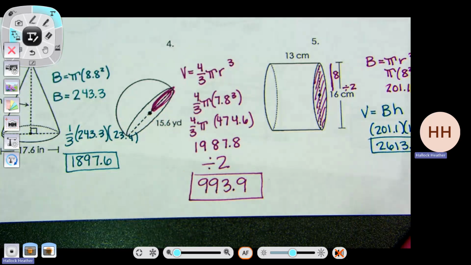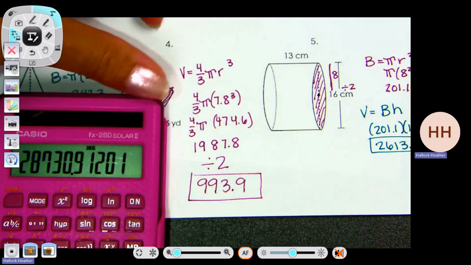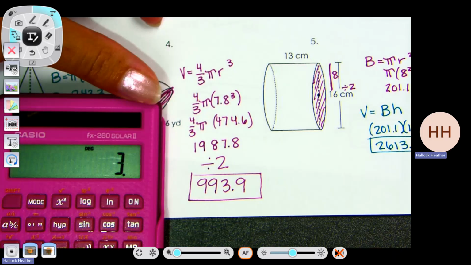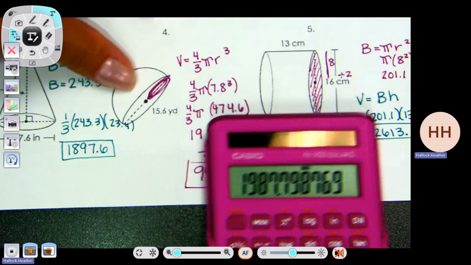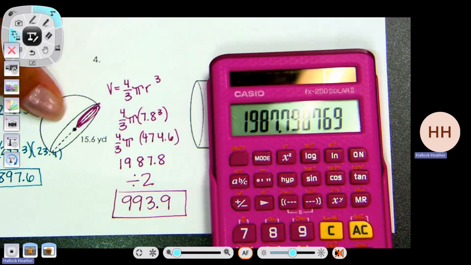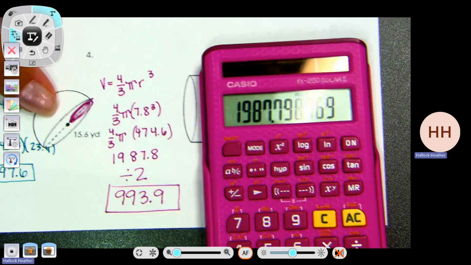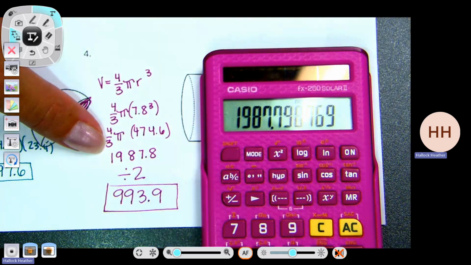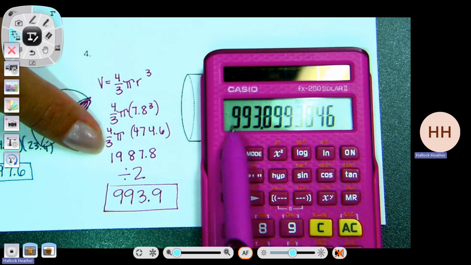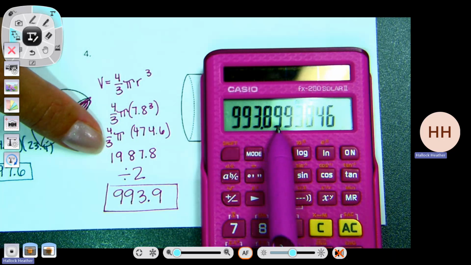Wait, let me just show you. I got 990. This is what you get whenever this is your exact answer. So if I round it and then I write it down, if I divide this whole thing by 2 instead of rounding every single time, this is 993.89.